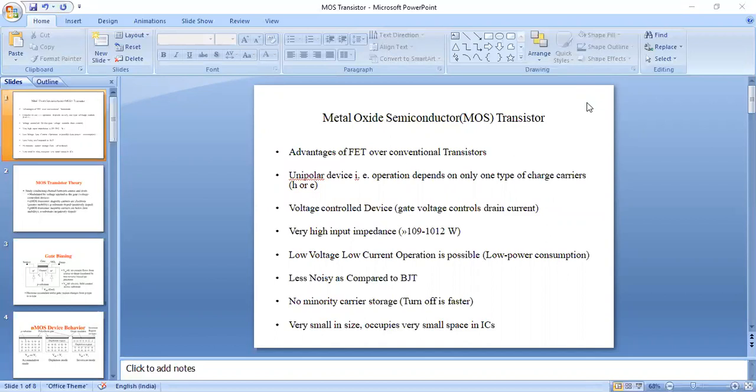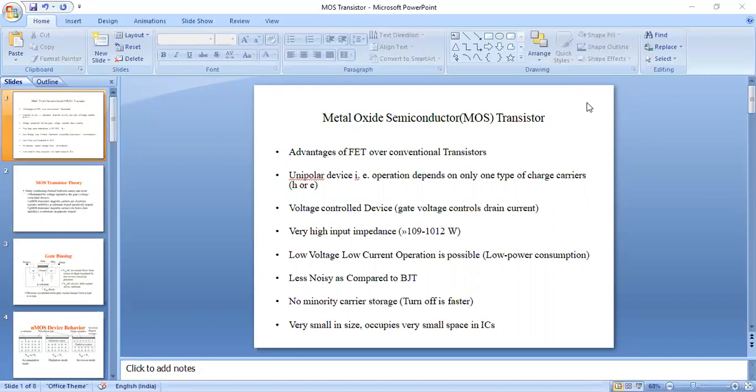As we know, there are two types of semiconductors: one is P and another one is N. The majority charge carriers for the P type are always holes, whereas the majority charge carriers for the N type are always electrons.